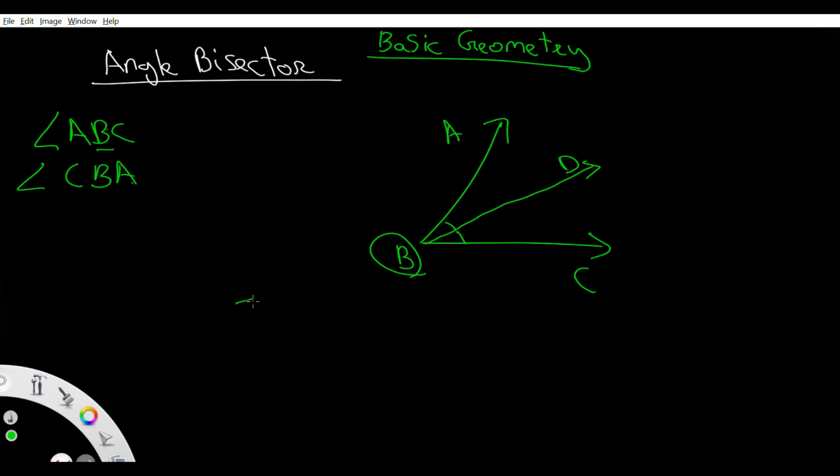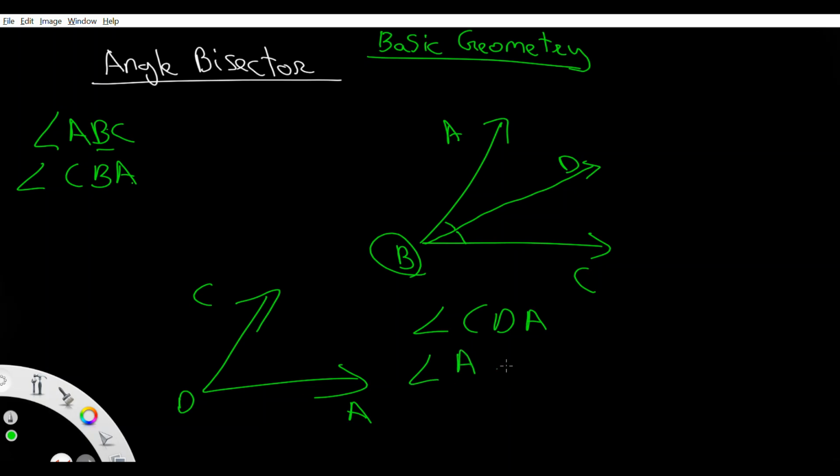If you have an angle called CDA, to name this angle, we use angle CDA and we use angle ADC. The D is always in the middle because it's the vertex of it.